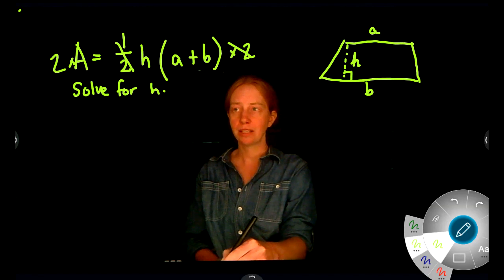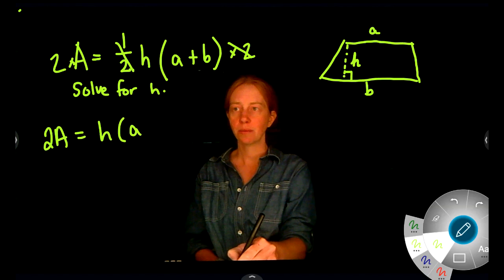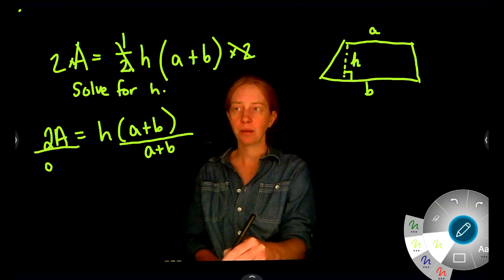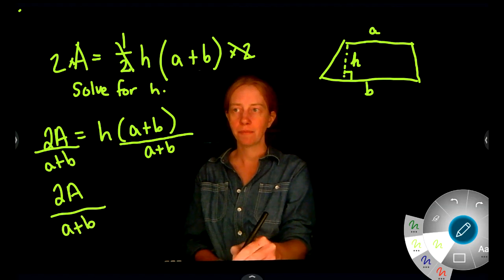And you have to multiply on this side too, so I have 2A equals H times A plus B. Okay, so that's just this middle part. I still want to solve for H, so I'm going to divide by this whole A plus B. Divide by A plus B. Remember, this is little a, so it doesn't cancel with big A. Big A is area, so 2 times the area divided by A plus B, this does cancel out here, equals the height.